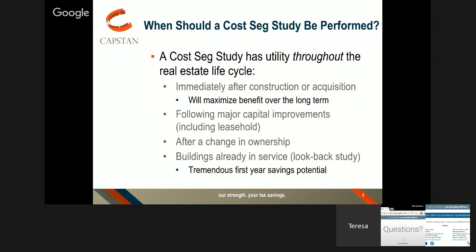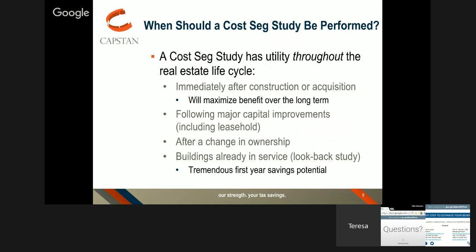The other thing that we look at are buildings that are already placed into service. And you might say, how do you do that? It's kind of an amazing thing to me that the IRS actually allows you to go back in time as if you had done the cost segregation study from day one and used this accelerated method. You catch up in the current year as if you had done it from day one.